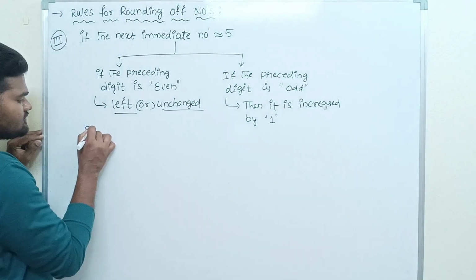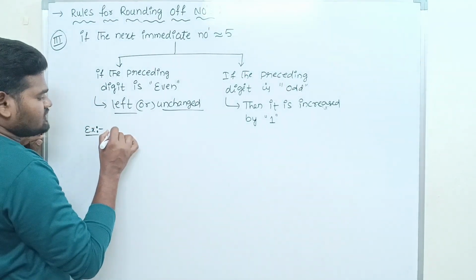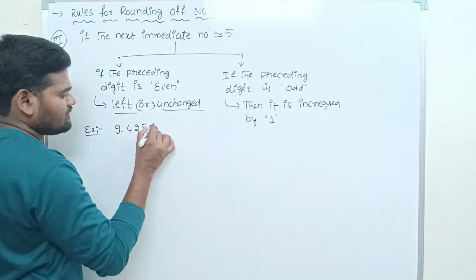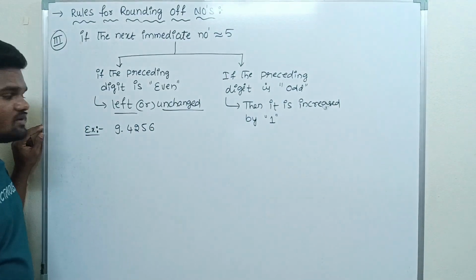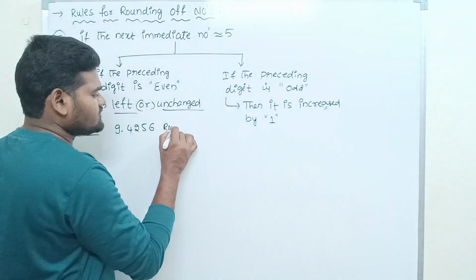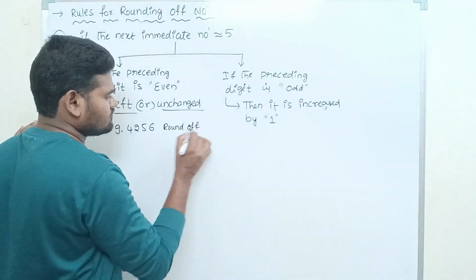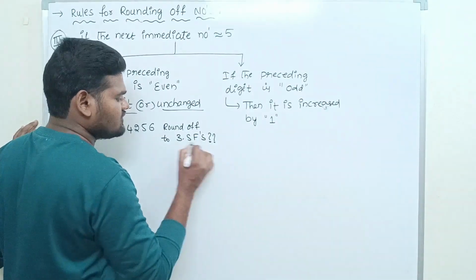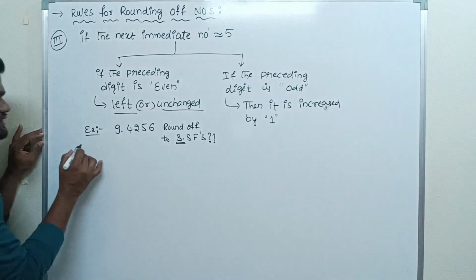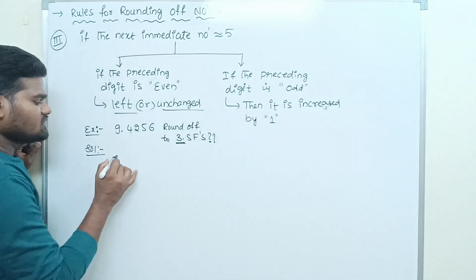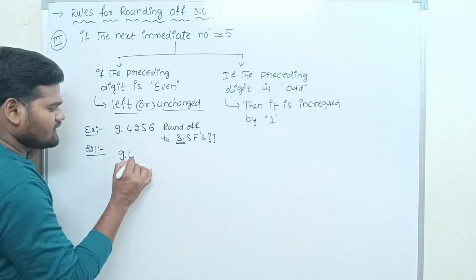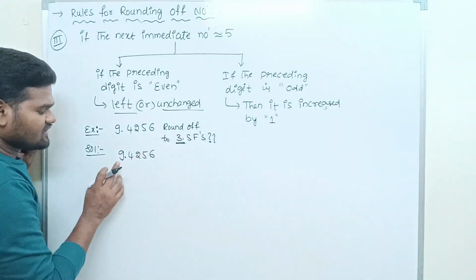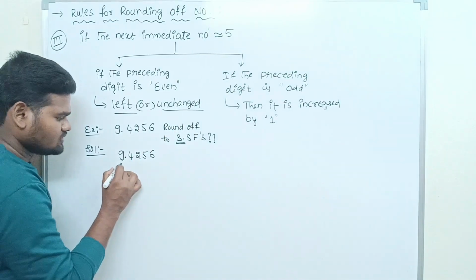Let us see the example. 9.4256, round up to 3 significant figures. Solution: what we have to do? Just take the given number 9.4256. We have to round up to 3 significant figures: 1, 2, 3, up to 2.